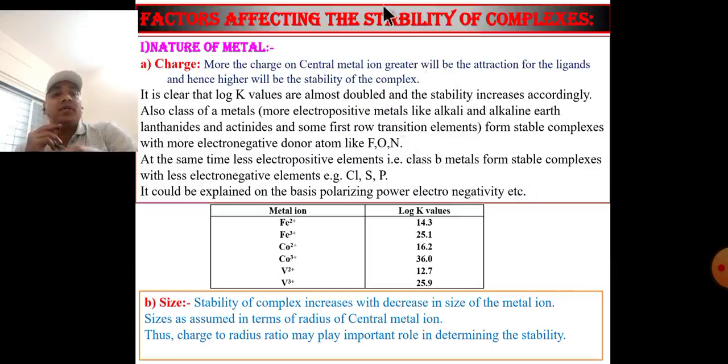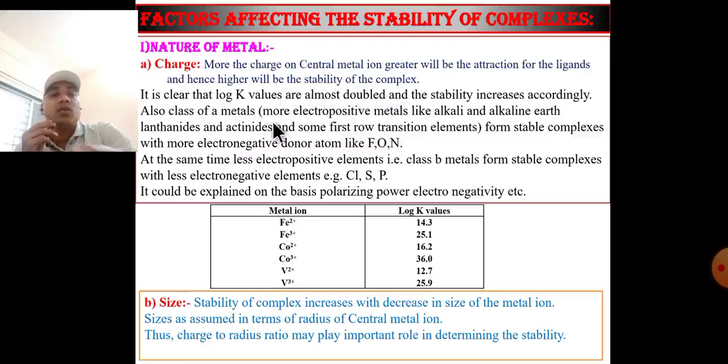Factors affecting the stability of complex. Two major factors: nature of the metal and nature of the ligands. In nature of metals, the first point is the charge. The more the charge on the central metal ion, the greater will be the attraction of the ligand, and hence the higher will be the stability constant.